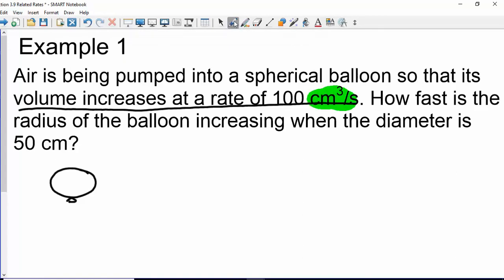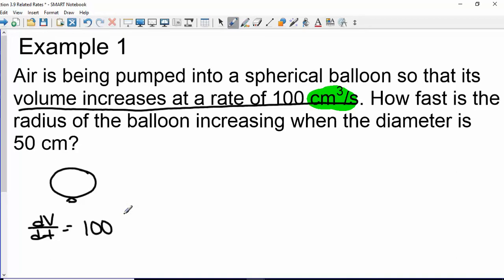Anytime your unit is a rate like this, that is talking about a derivative. It's not saying my volume is 100, that's how my volume is changing. So to denote that, we do dV for the derivative of volume, but it's in terms of time. So dV/dt is 100 cubic centimeters per second.